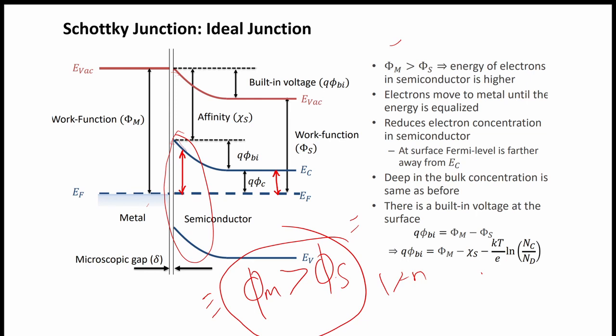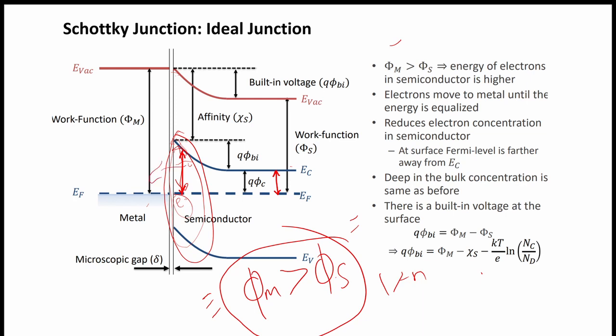As there are fewer electrons in this region, we can also see from the Fermi level that the gap between the conduction band and the Fermi level has increased. From this we can see that there are fewer electrons, which have been transferred from the semiconductor to the metal.